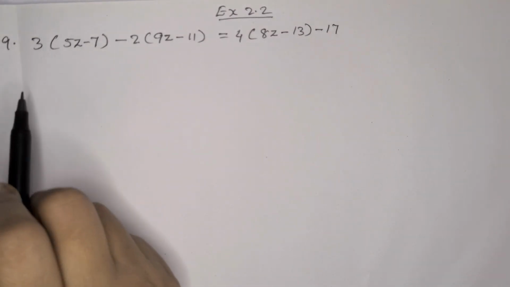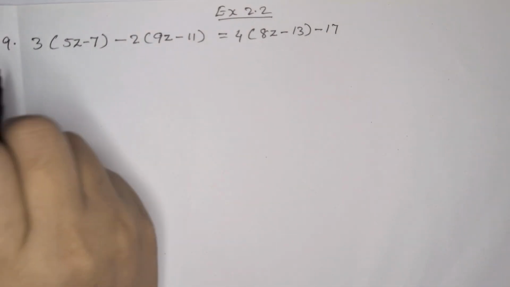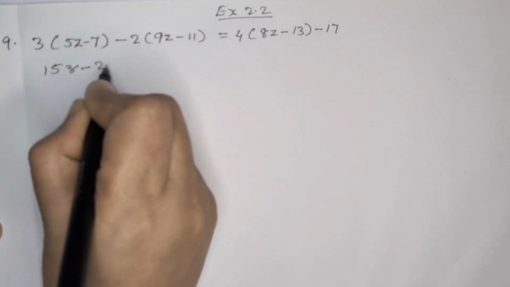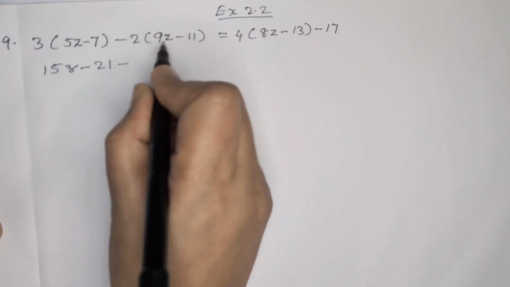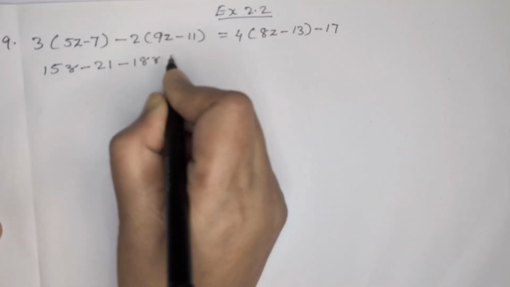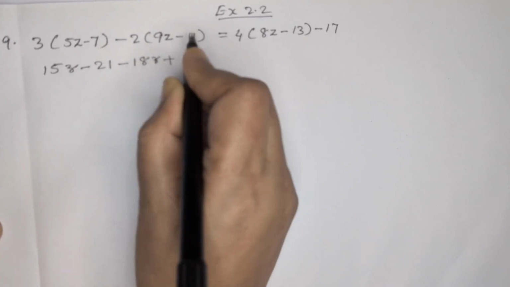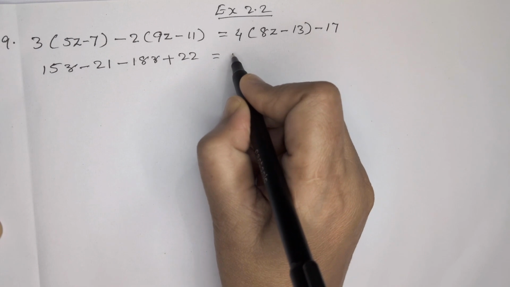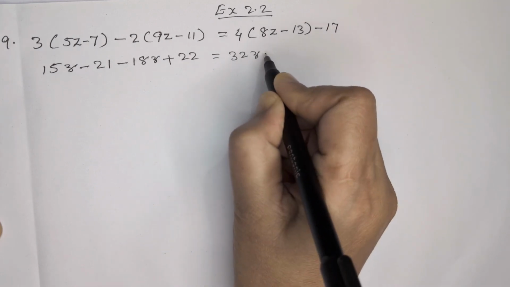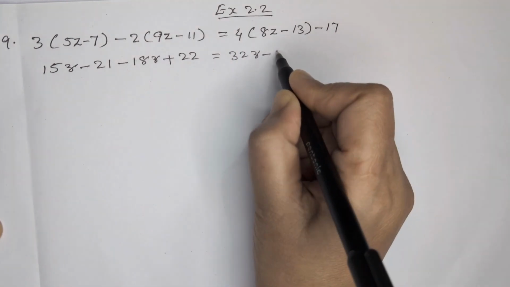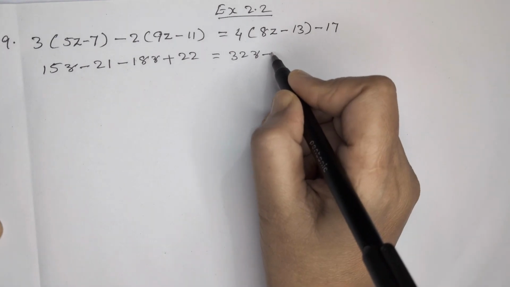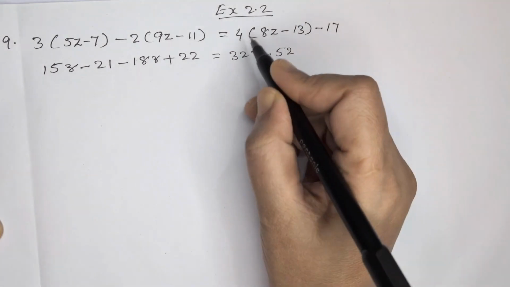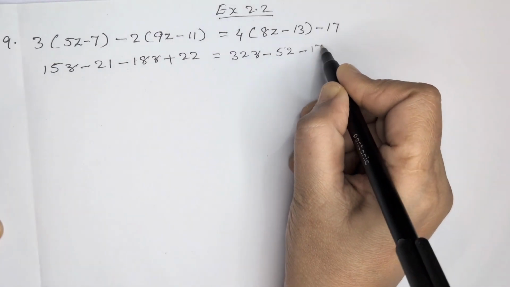Question number 9. First we can open the bracket. 3 into 5, 15. 15z minus 21, minus 2 into 9, 18z, minus into minus plus 2 into 11, 22, is equal to 4 into 8, 32z, minus 4 into 13, 52, then minus 17.